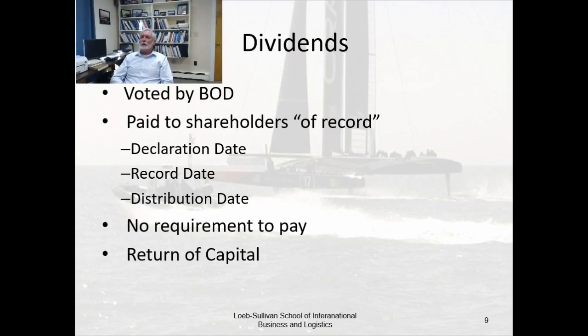The date we declare it, it becomes a legal responsibility for the company to pay it. The record date really doesn't have anything to do with the company other than determining who we're going to pay it to, whoever owns the stock on that date. And then the distribution date is the date that we actually cut the check to you as a dividend check.